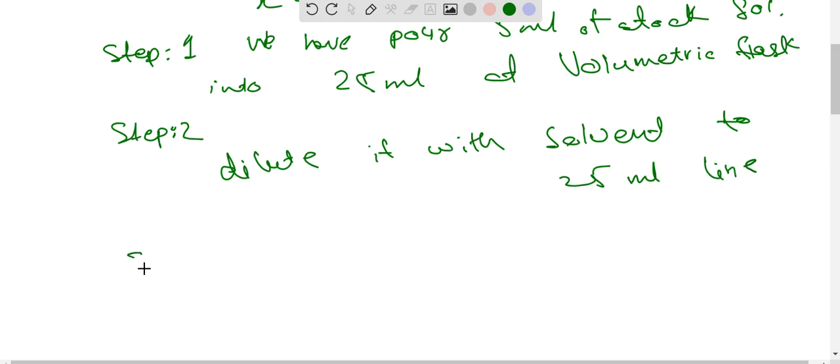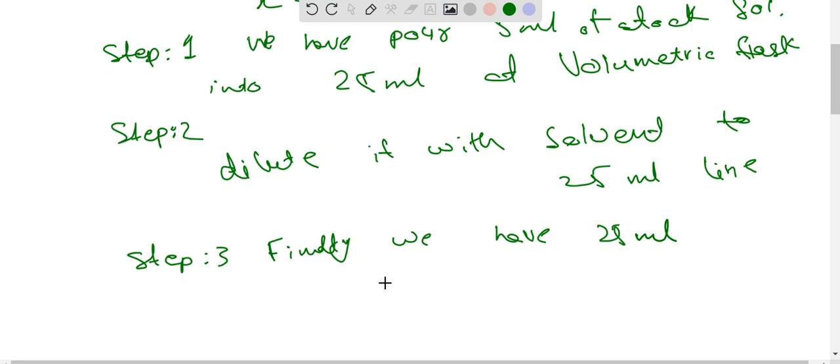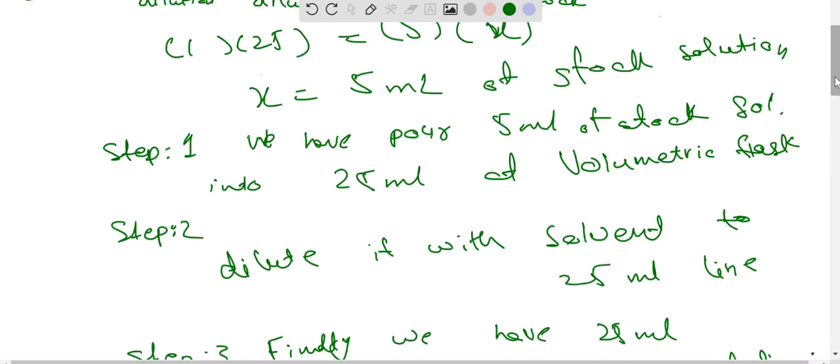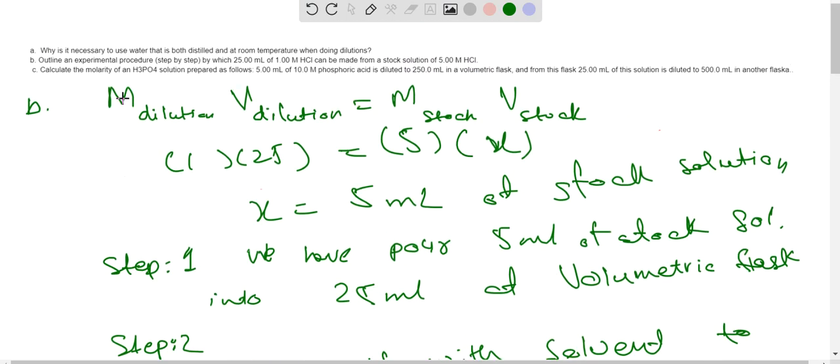Step 3 is that finally we have 25 ml of 1 M HCl solution. So these are the steps of an experimental procedure by which 25 ml of 1 M HCl can be made from a stock solution of 5 M HCl.